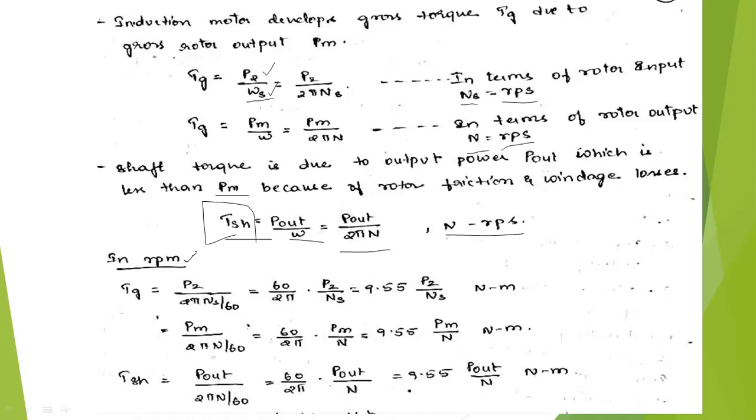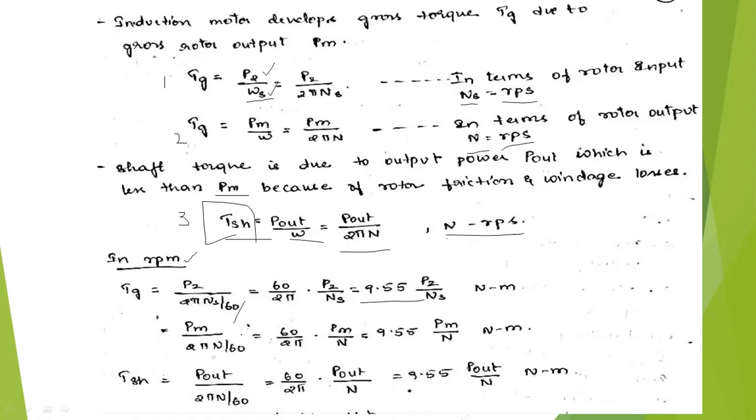So in RPM, if you want to convert all these three formulas into RPM, now see here. First formula, P2 by 2 pi Ns by 60. If you put Ns by 60, you will get it in RPM. So that becomes 9.55 P2 by Ns, the gross torque in terms of rotor input.